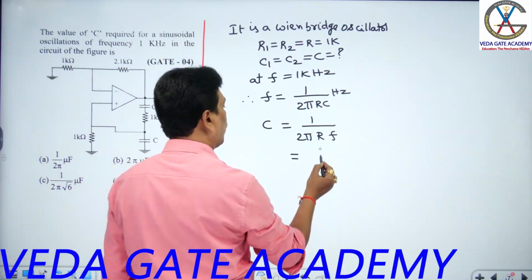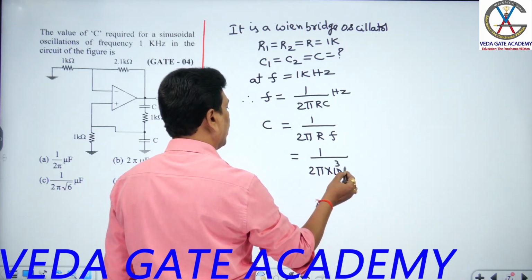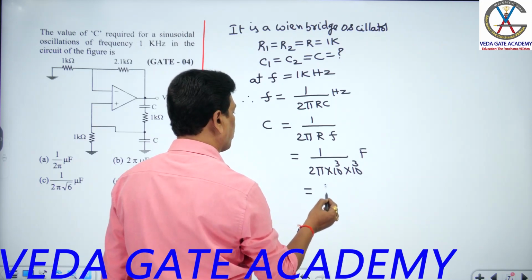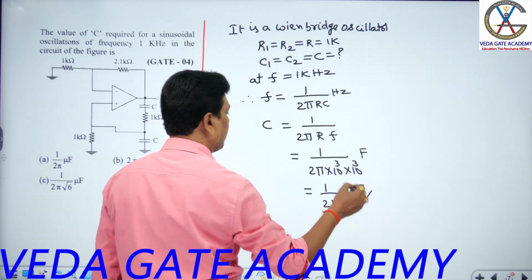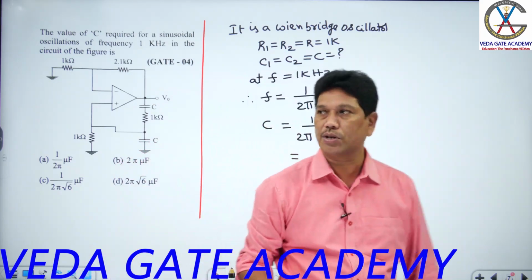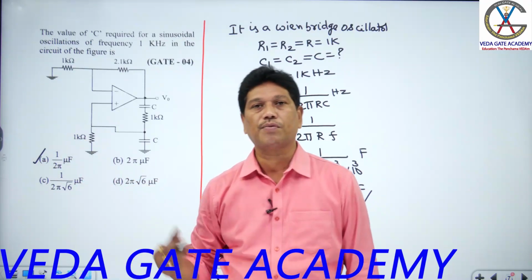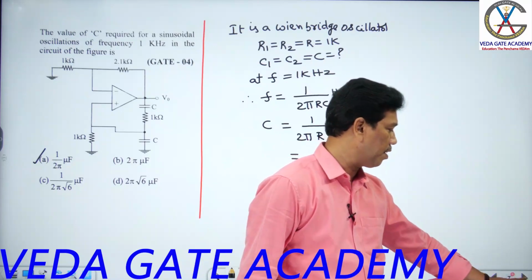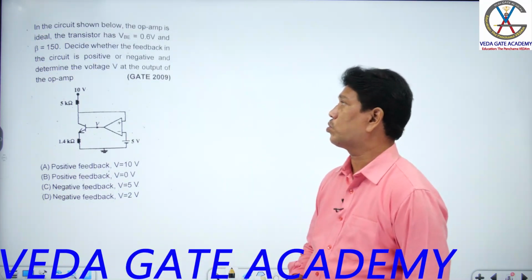R equals 1K, which is 10 cube, and F also 1K, that is 10 cube. That equals 1 by 2 pi 10 power 6, which means microfarad. 1 by 2 pi microfarad you may get. So the correct option is A again. That is a Wien bridge oscillator asking the capacitance for a given frequency of 1K. Okay. Next one I can go.